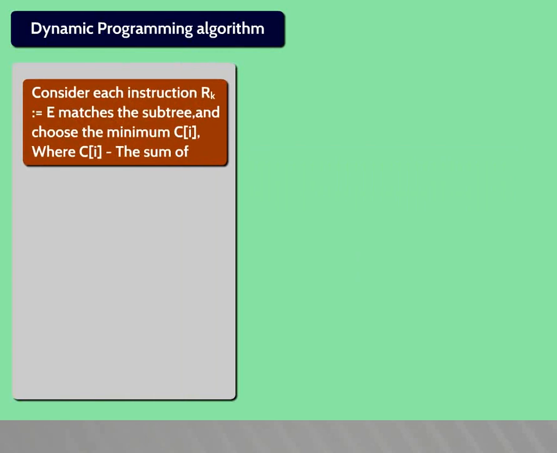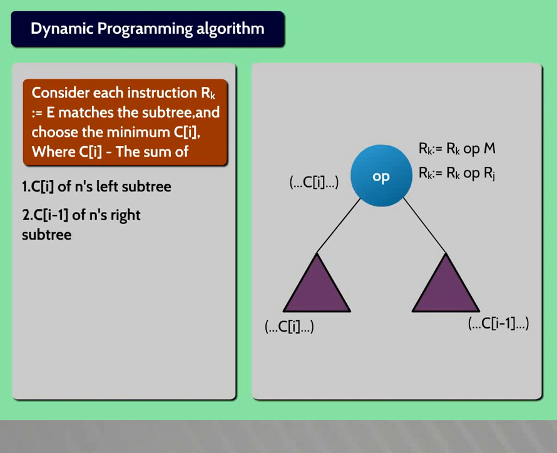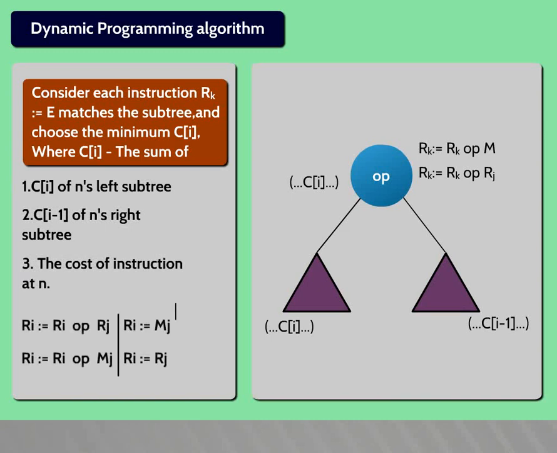Consider each instruction Rk = E that matches the subtree and choose the minimum C of i, where C of i is the sum of C of i of n's left subtree, C of i minus 1 of n's right subtree, and the cost of the instruction at n. The instruction forms are Ri = Ri op Rj, Ri = Mj, Mi = Rj, Ri = Ri op Mj, Ri = Rj.